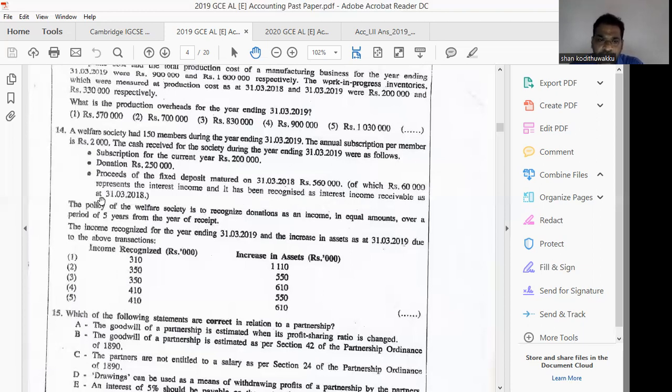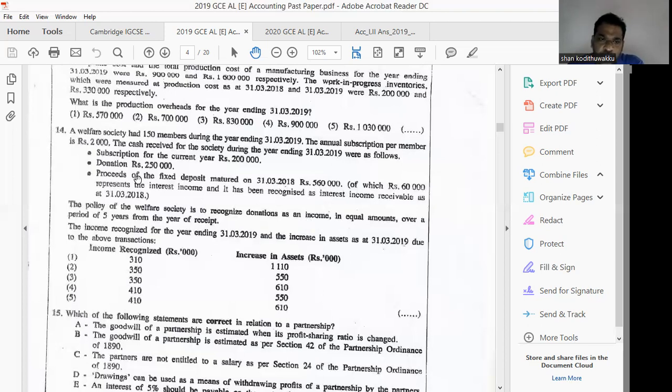Therefore, we can't take it. The policy of the welfare society is to recognize donation as income. There can be different policies related to that, for different types of organizations. Therefore, in this organization, they consider donations as income, and there we have to distribute over a 5 year period. That means what we have received in the current year, we can't take totally as the current year's income. We have to distribute among 5 years.